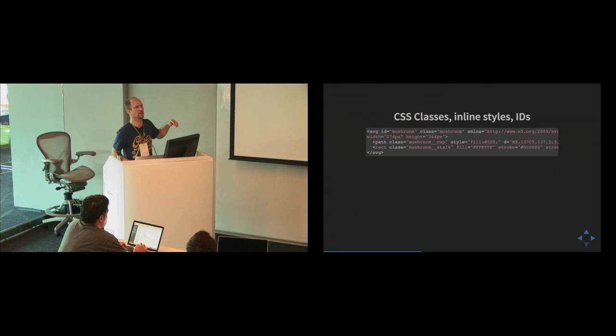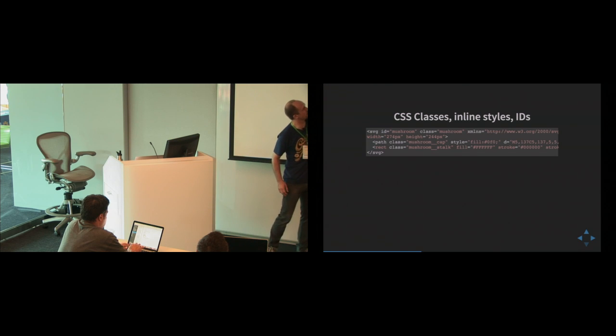IDs are pretty standard on SVG elements. So here we have an ID of mushroom and also a class of mushroom on the SVG element. And then inside on those shape elements, it's using the BEM syntax for CSS, but you can see that we have a mushroom cap and a mushroom stalk. And also we have an inline style just right over here, okay?